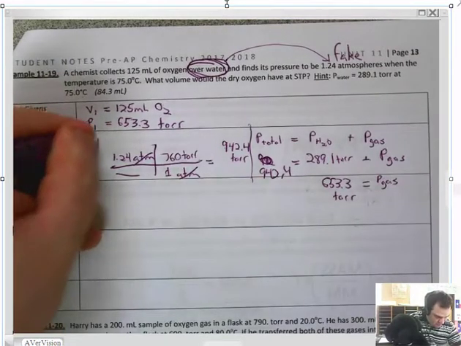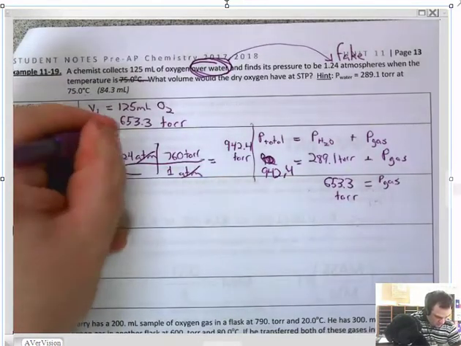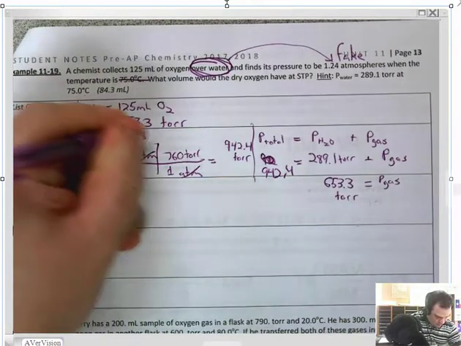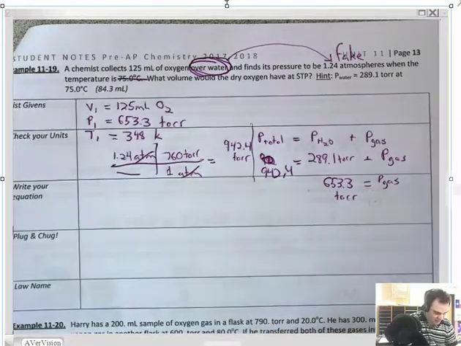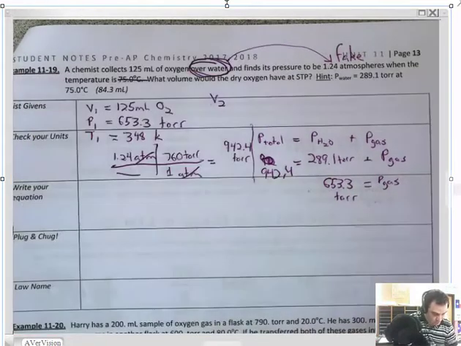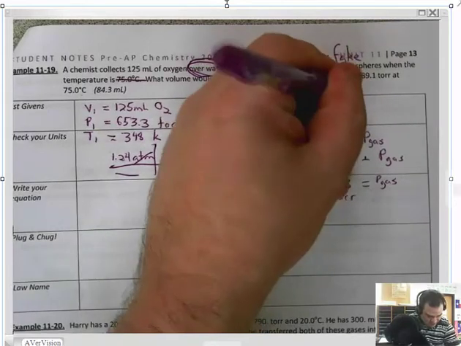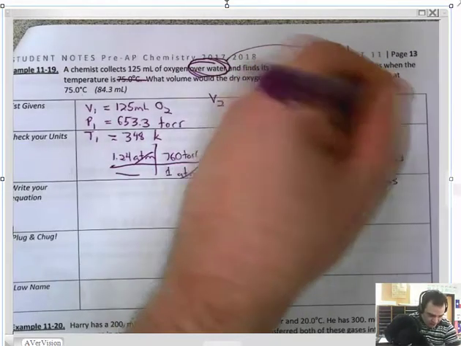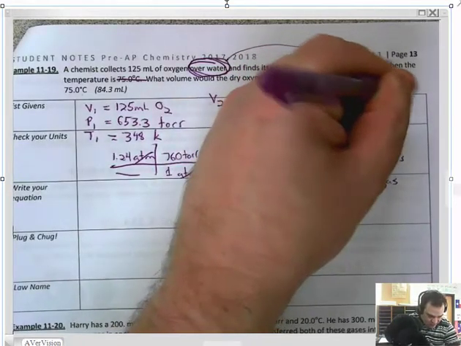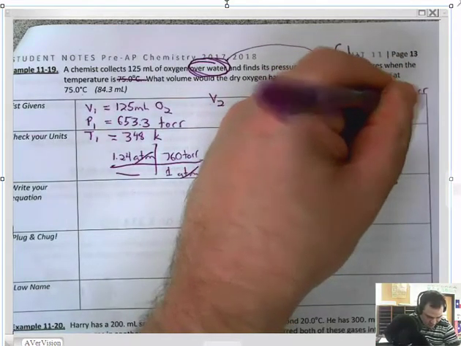You're right, Darian. We cannot use 75 degrees Celsius. We can use 348 Kelvin, because you have to add 273. What would the volume, so we're going to be looking for V2, of the dry oxygen at STP? You're right, Darian. These sneaky numbers are back, so we are going to use 760 torr, because that's 1 atmosphere, and 273 Kelvin.